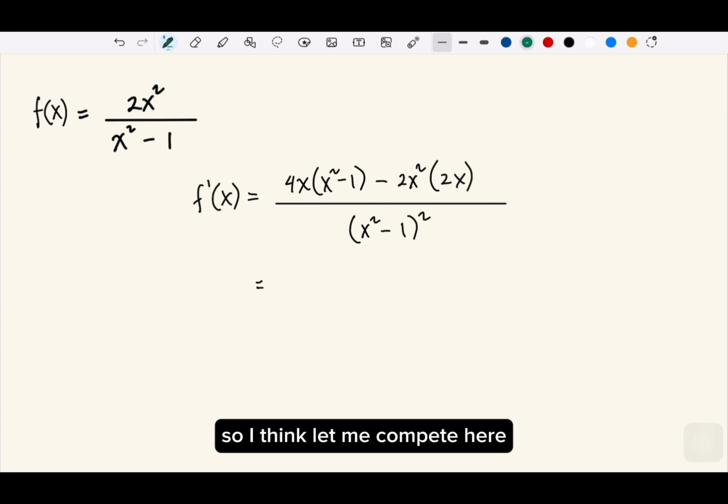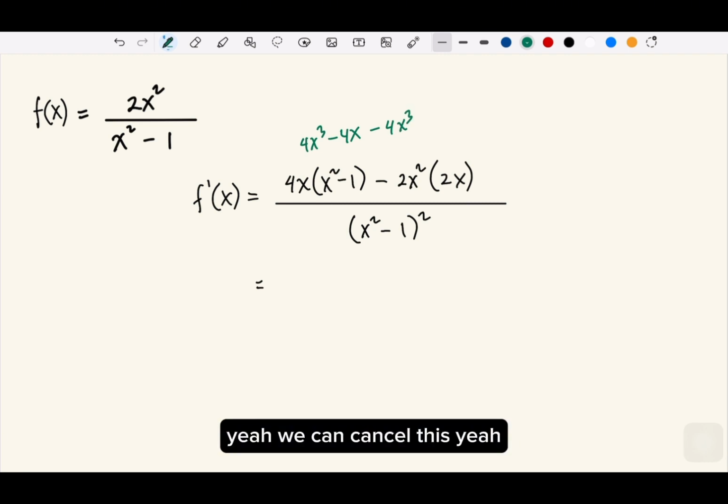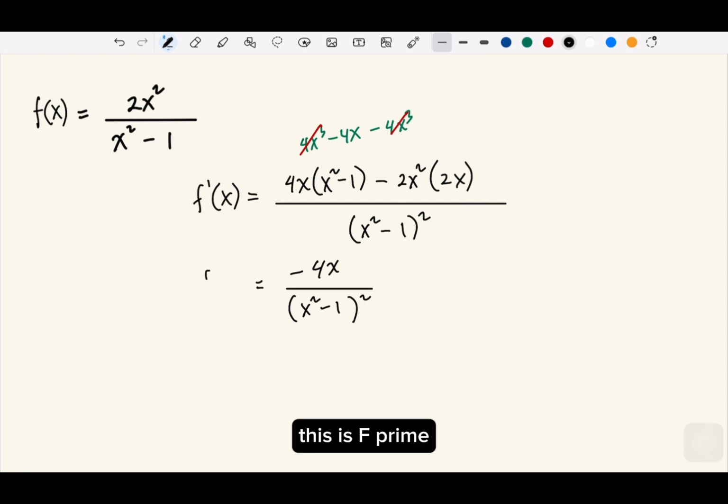So I think, let me compute here. Yeah, we can cancel this. Yay. So negative 4x. This is f prime.